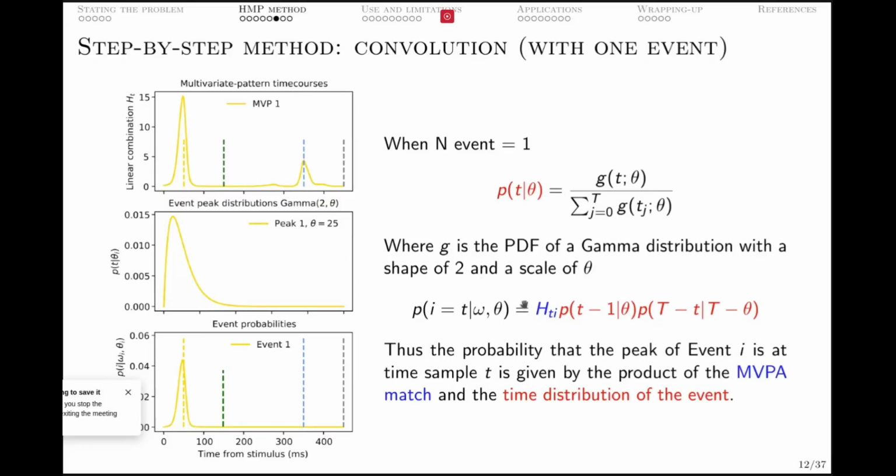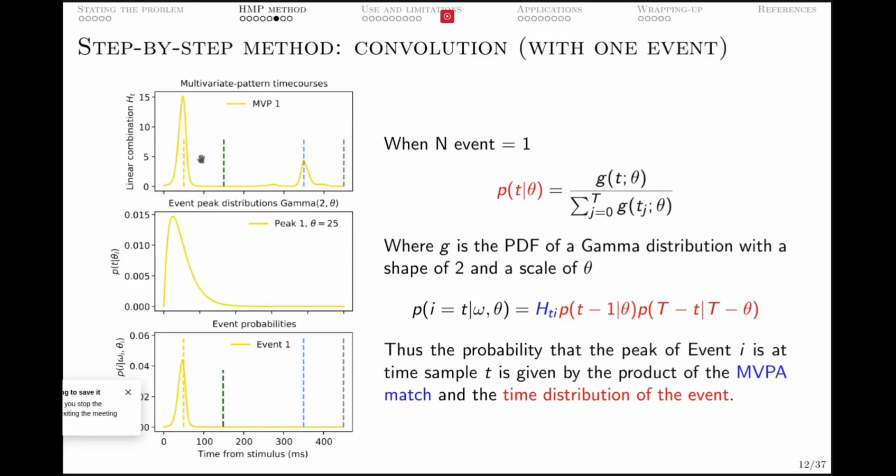And what we do here, although it looks a bit long, is actually just to take this linear combination at a given time t and take the product with the time distribution. So this makes every one of those points weighted by this time distribution, that is, by when we expect this first event to happen.